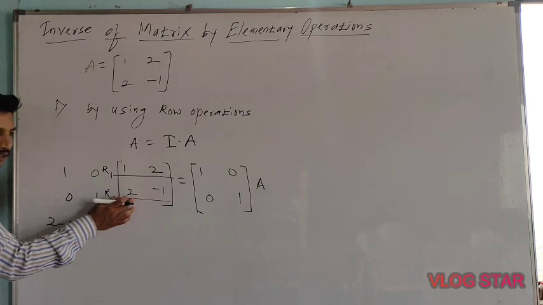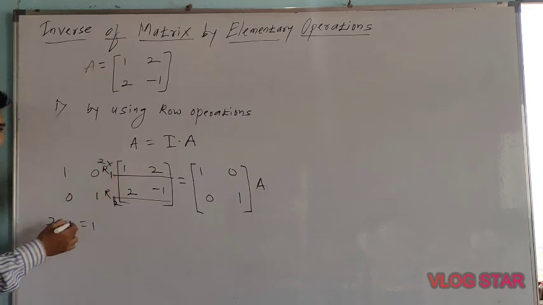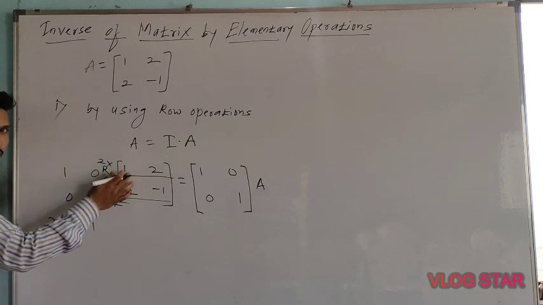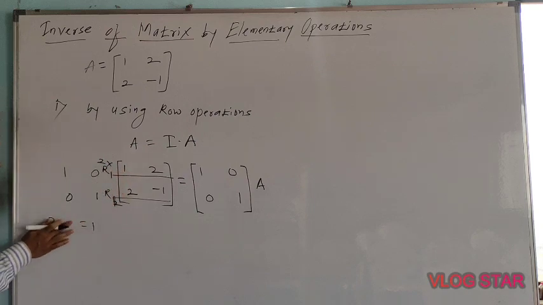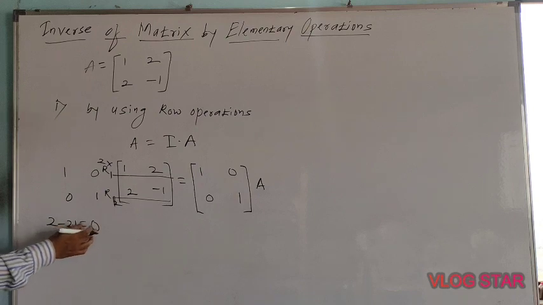So how to get that 0? Multiply this 1 by 2. 2 into 1 is 2. If I multiply 2 into 1 and subtract, 2 minus 2 into 1 is 0.